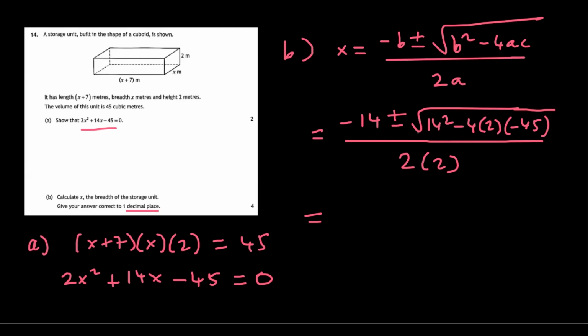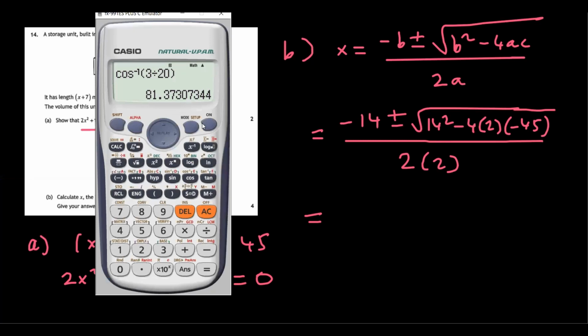So I'll just put the plus sign to begin with. So minus 14 plus root 14 squared minus 4 times 2 times minus 45. And then it's over 2 times 2, which is 4.